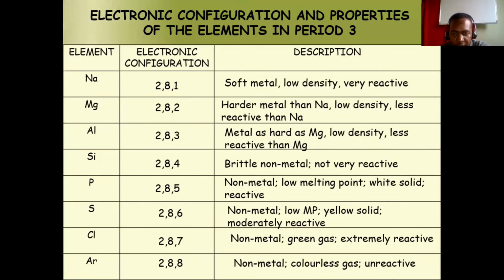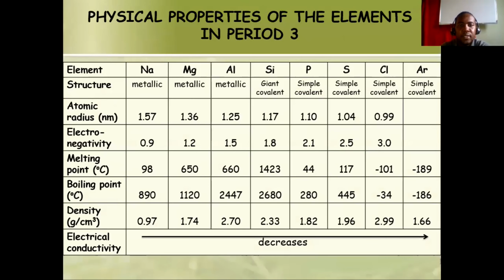Then we move to the non-metal side, which starts off by being solids: silicon, phosphorus, sulfur, and then chlorine and argon are gases. It starts off by being not very reactive, then moves to slightly reactive, moderate, and then extremely reactive. And we know that argon, because it's in group 8, is non-reactive because it's already full, right?